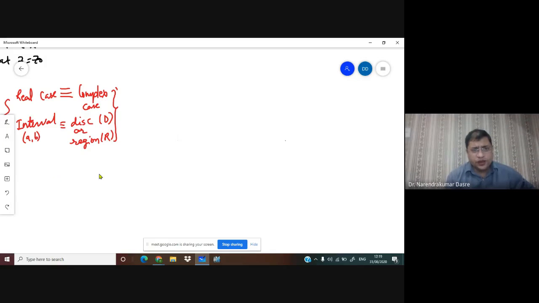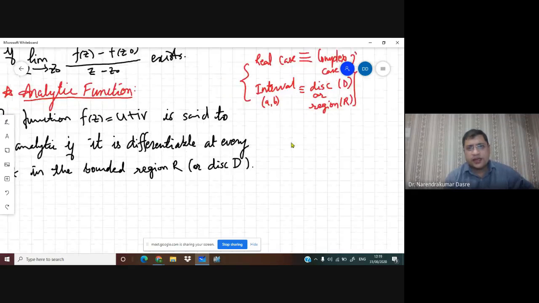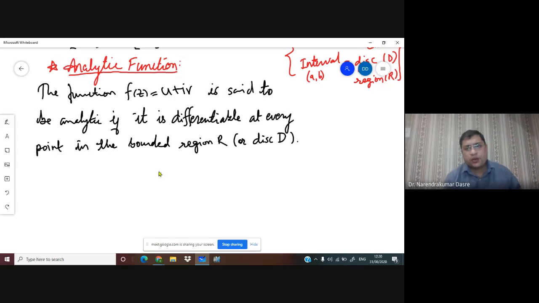And now, if I want to know whether my function is analytic or not, then I have to consider some criteria, which will be necessary and sufficient to understand whether the function is going to be analytic or not. So we need to understand what the criteria is.